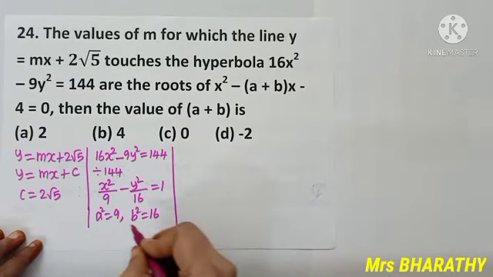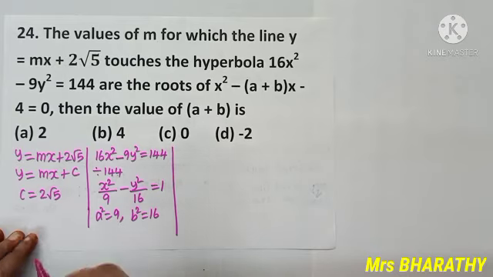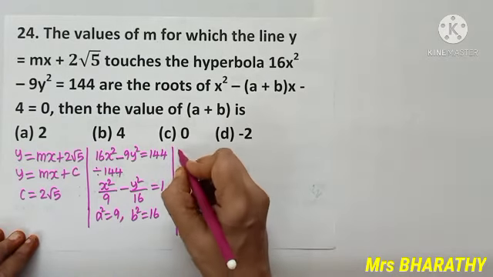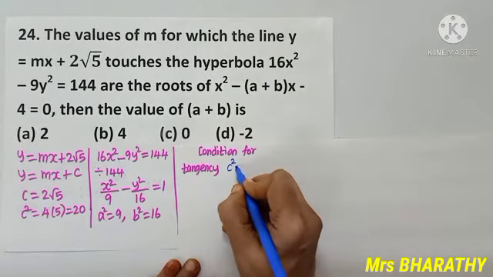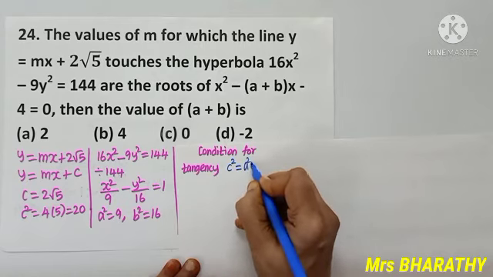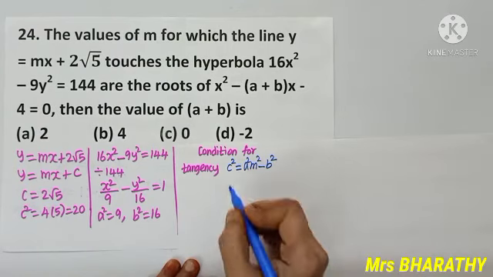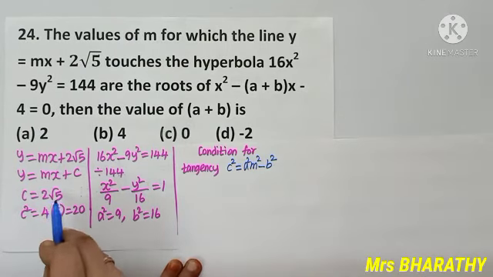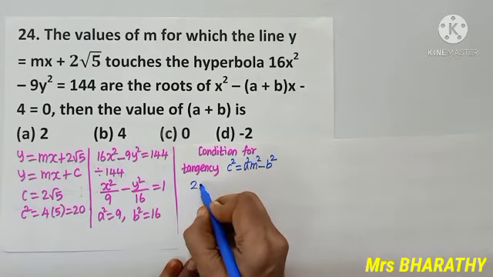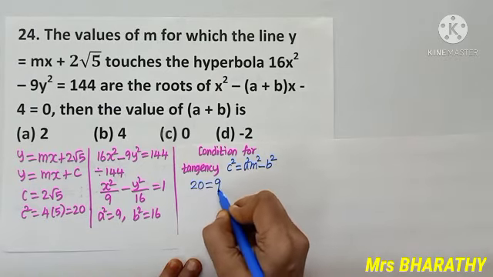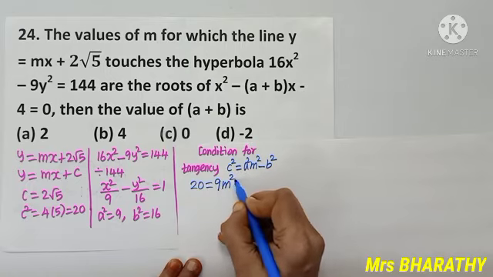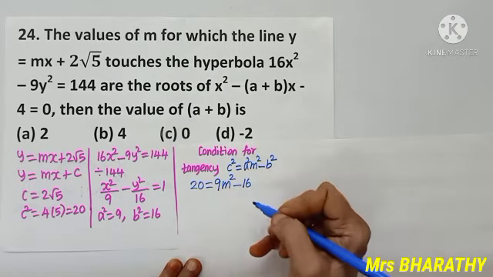Once I know a, b, c, we recall the tangency condition. c square equals a square m square minus b square. When c is 2 root of 5, c square is 4 into 5 which is 20. a square is 9, m square we do not know, b square is 16.